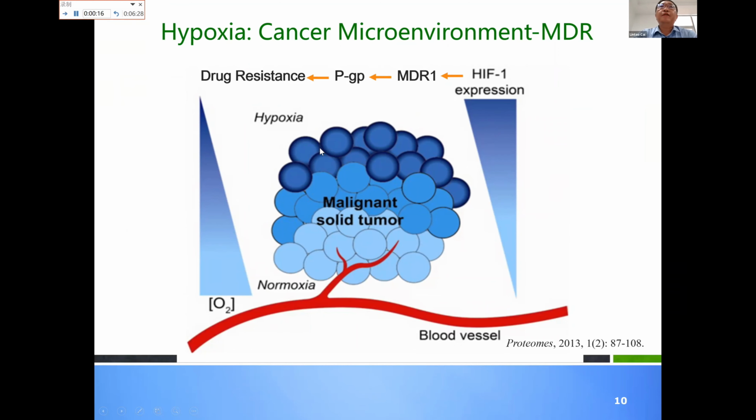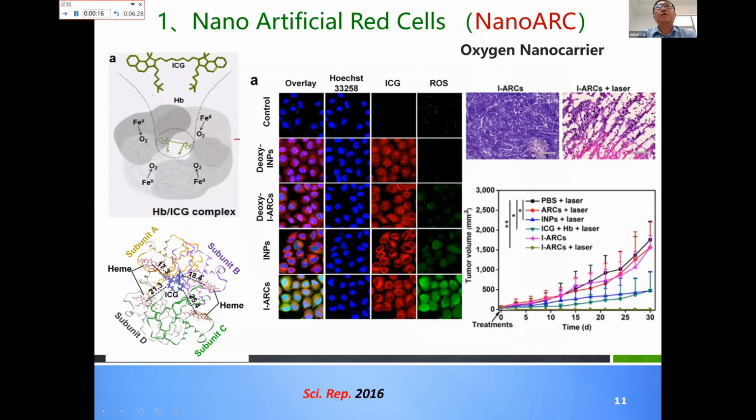So we first introduce our work on nano artificial red cells, which are oxygen nanocarriers. We use hemoglobin and ICG in a complex. In this condition, the oxygen is transferred to the ICG to get very high ROS efficiency, and get quite good PDT efficiency.